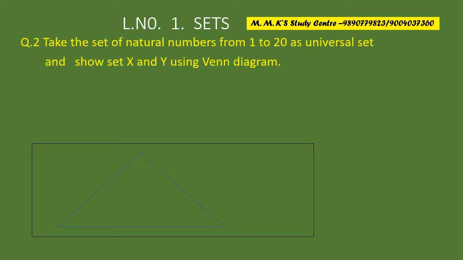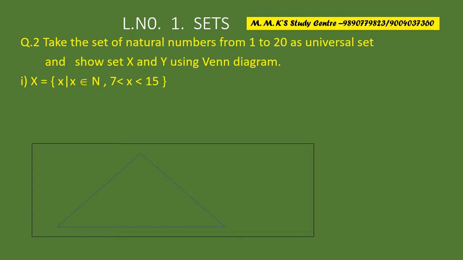Question number 2. Take the set of natural numbers from 1 to 20 as a universal set and show the sets X and Y by using Venn diagram. So the set is given in set builder form, children.